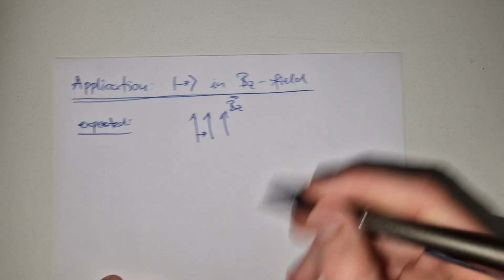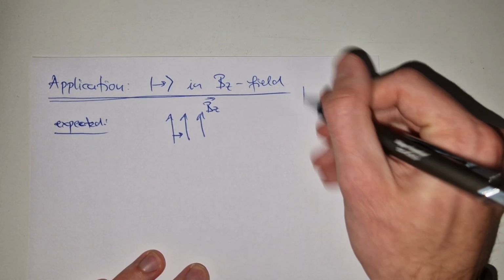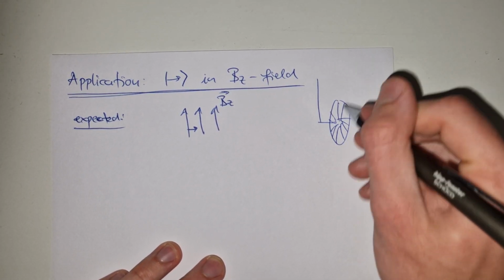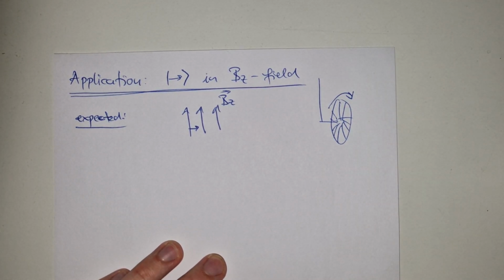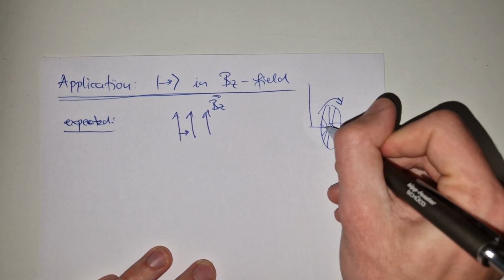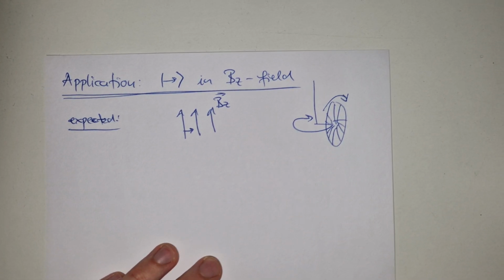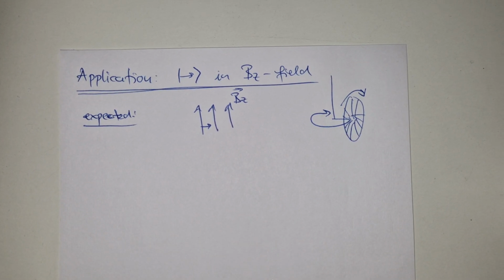Maybe you've seen this experiment, having a rope and the tire of a bike which is spinning very fast. Then this tire will start doing this motion around the rope. This is a precession. And the same thing is what we expect from this.